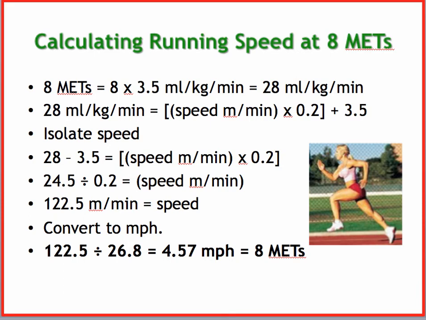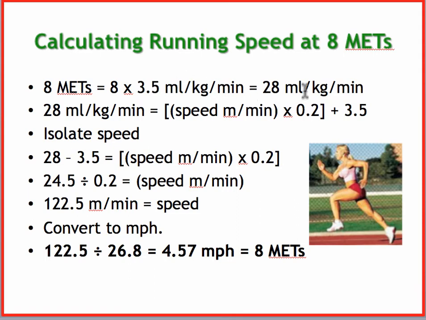If you wanted to calculate what the running speed should be for your person, say you decided that you wanted them to be exercising at 8 METs, how fast should they be running to run at 8 METs? So you take your 8 METs, multiply it by the oxygen consumption for each MET, and you get 28 mL per kilogram per minute.